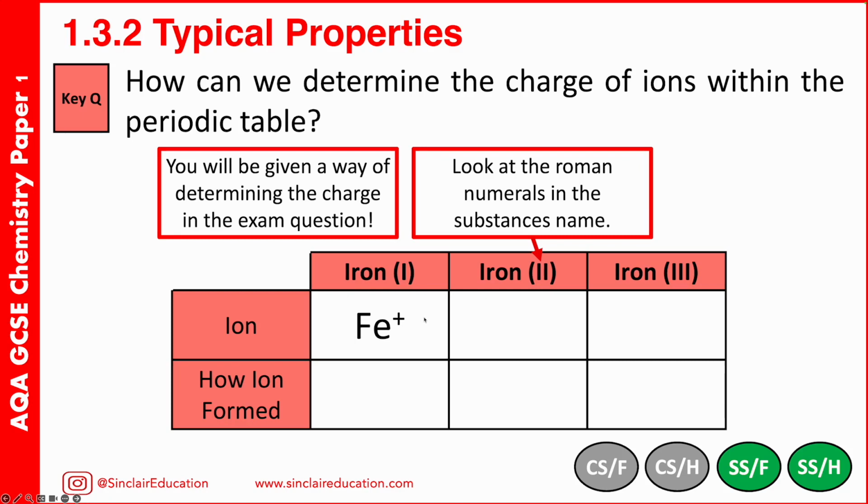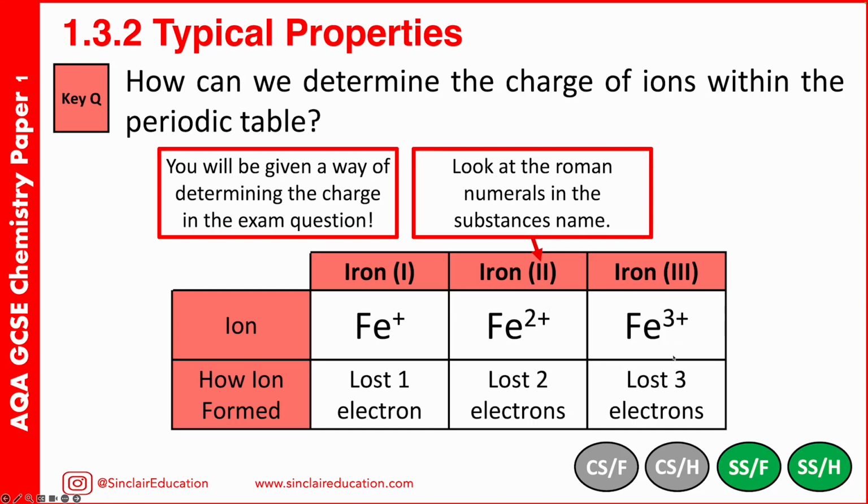That is formed when we lose 1 electron. But if iron forms a 2+ ion, it's lost 2 electrons, while iron(III) has lost 3. So this transition metal can sometimes lose 1, 2, or 3 electrons, forming these ions of different charges.